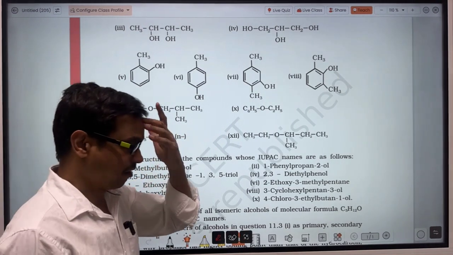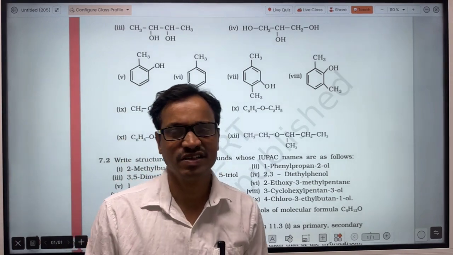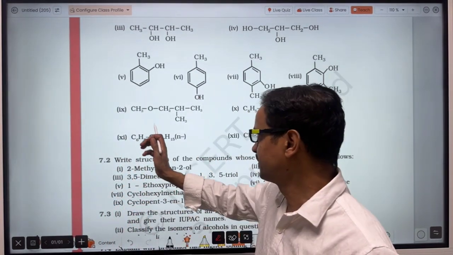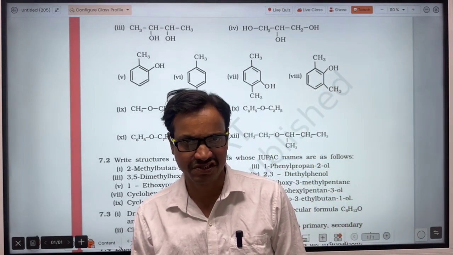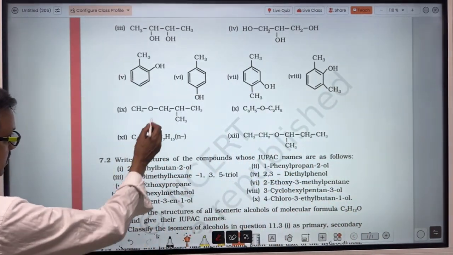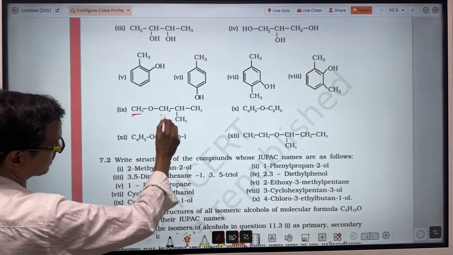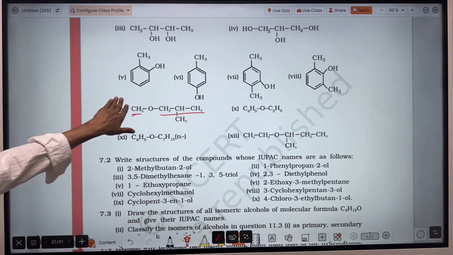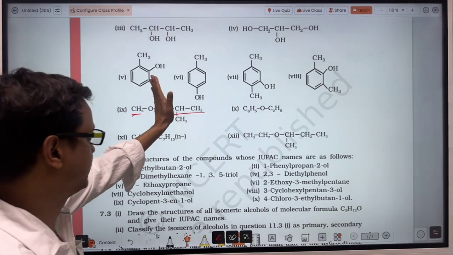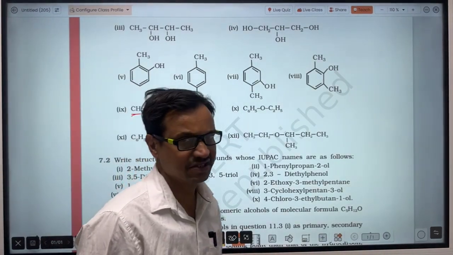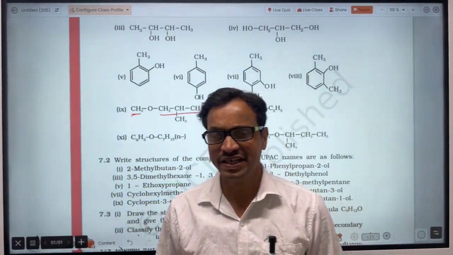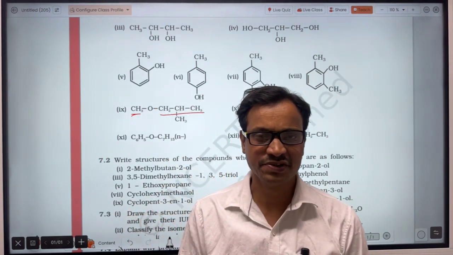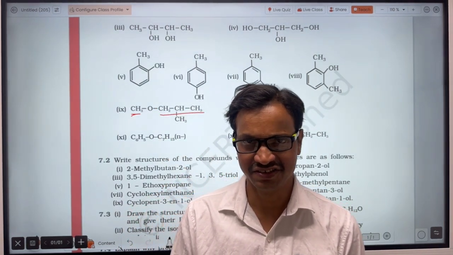When we have to write the IUPAC name, we have to consider the oxygen atom here. On this oxygen, this side is an alkyl group and this side is an alkyl group. On the left hand side the length of the carbon chain is less, and on the right hand side the length of the carbon chain is greater.